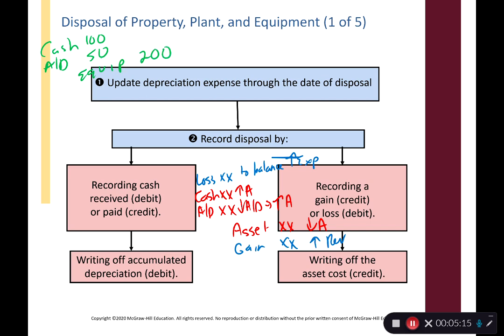Well, we have 150 on the debit side, 200 on the credit side, so then to make it balance, we're going to need a loss of 50. So that's what I mean by you record a loss or a gain in order to make it balance. We can also calculate our gain or loss using a formula. The gain or loss is the selling price minus the book value.